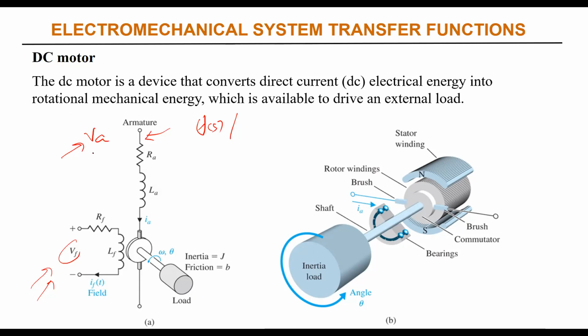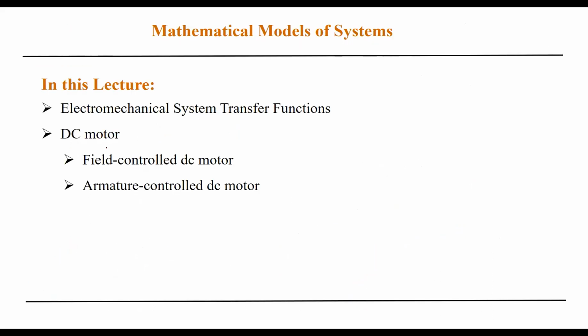If I fix IA or VA, then the control will come from varying VF. In that case, we call it field control DC motor. If you remember at the beginning of the lecture, I said field control DC motor means that the armature voltage is constant, VA is constant.